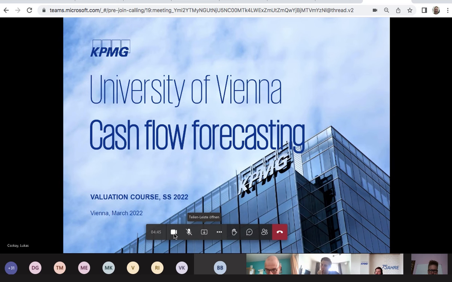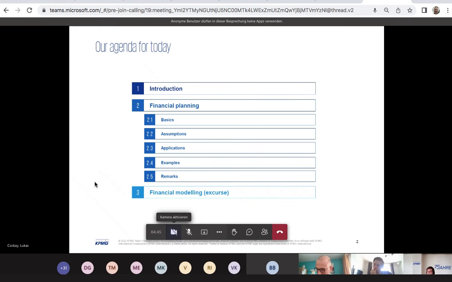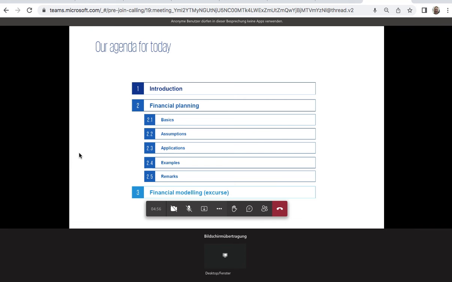We'll start with a short introduction and then discuss financial planning basics, assumptions, applications, where I will show you a basic financial model, which could be like a blueprint for you also when you do your financial model for the business plan. And then we'll have some examples and some concluding remarks.